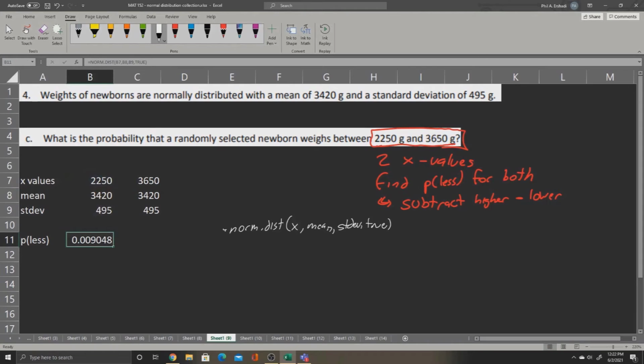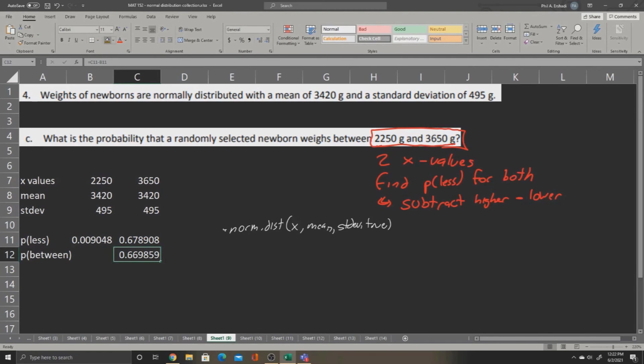Press enter to get p less for the 2250, and use the black cross and move it over to the side to also find p less for the 3650. So now we have p less for both of the x values. Now we can get the probability of being between them. We'll say equals, click the higher value, subtract the lower value. And so we get 0.669859. That will be our answer for this problem.